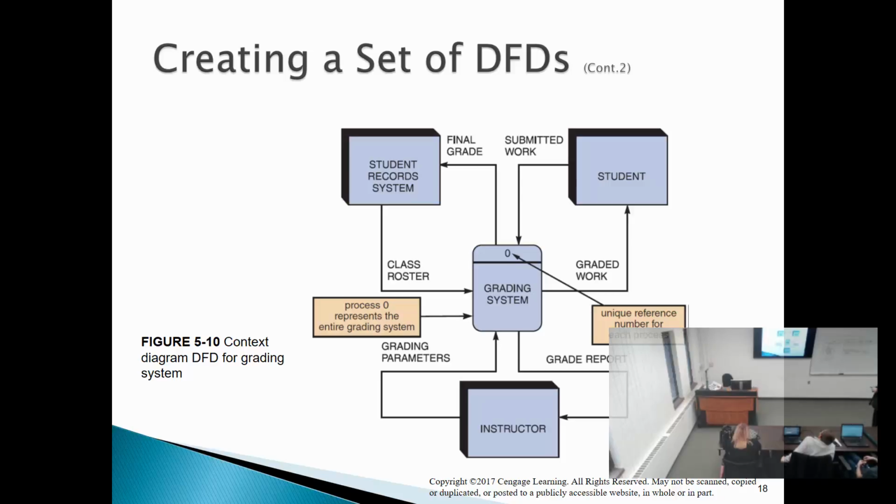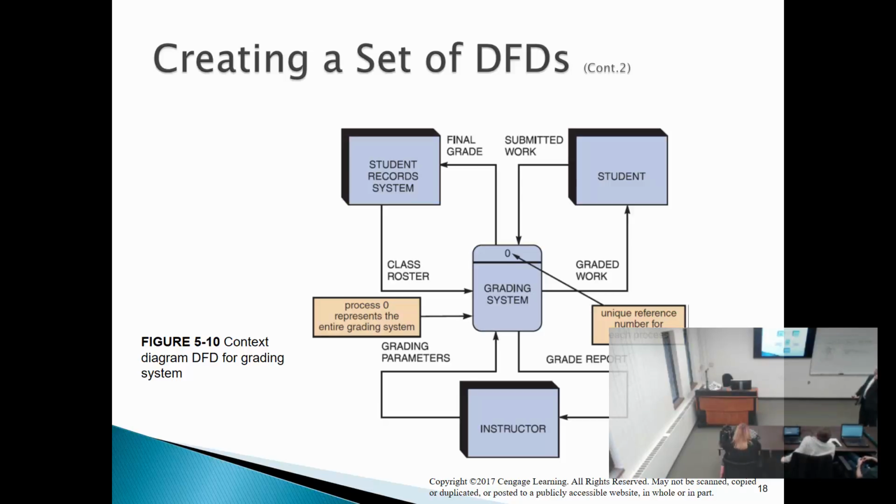It's that process in the middle. So this is a grading system. And this process is the highest level. The contextual level is level 0. So I was right while ago. So we number this 0. And we're going to begin drilling down and making all of the pieces.